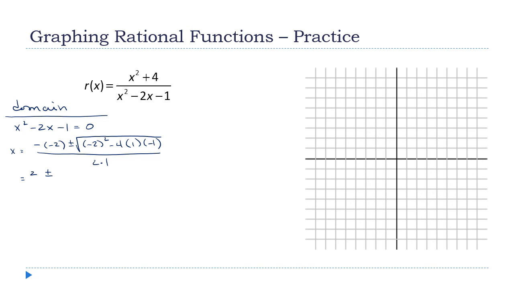That's 4 plus 4, so that's the square root of 8 over 2. And the square root of 8, that's 2 times the square root of 2, that's 2.82. So this is 2 plus or minus 2.82 over 2, and that gives me two numbers. If I do the plus one, it's 4.82 over 2, which is 2.41. And if I do the minus, it's minus 0.82 over 2, so that's minus 0.41.